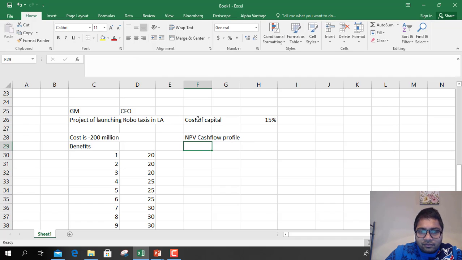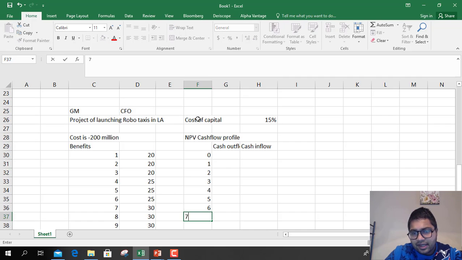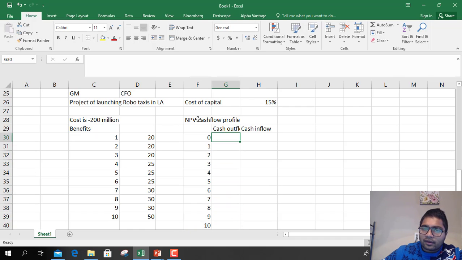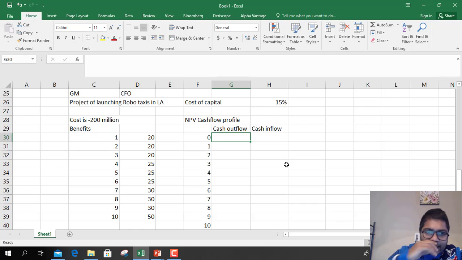It starts with 0, then cash outflow and cash inflow, for years 0, 1, 2, 3, 4, 5, 6, 7, 8, 9, 10. Cash outflow is 200.